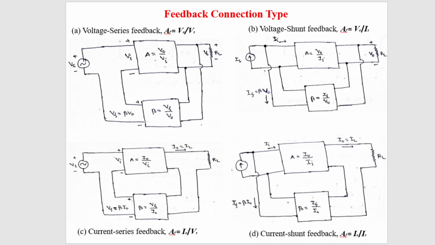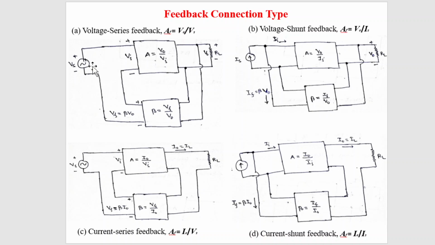That means the output voltage will be fed back to the current source in parallel combination. Here we have a source current, and this source current is modified because of the fed back fraction of current, giving Ii, the input current, and the output is the voltage Vo. Obviously the gain of the amplifier circuit will be the output signal upon the input signal.